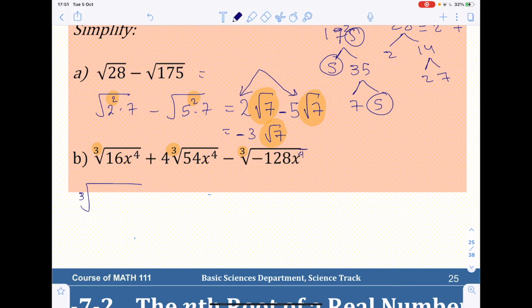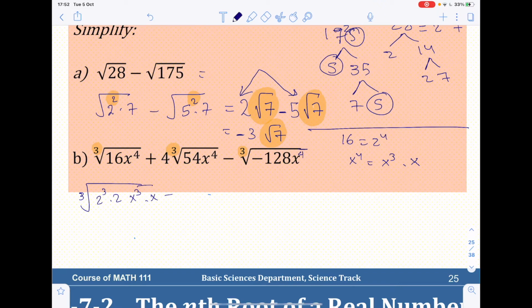So 16 is 2 to the power 4. So I will divide it to 2 to the power 3 times 2. Then x to the power 4, I can write it as x to the power 3 times x.